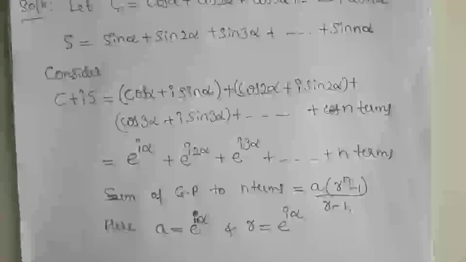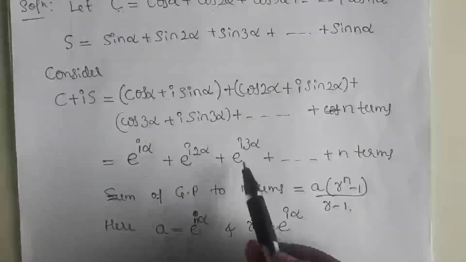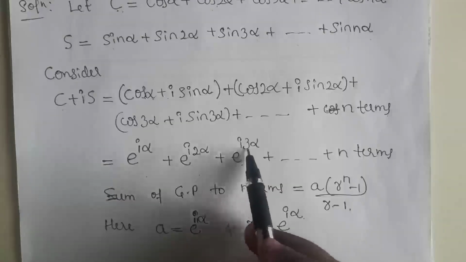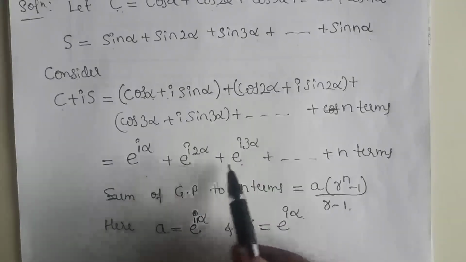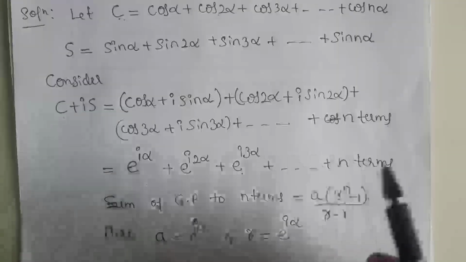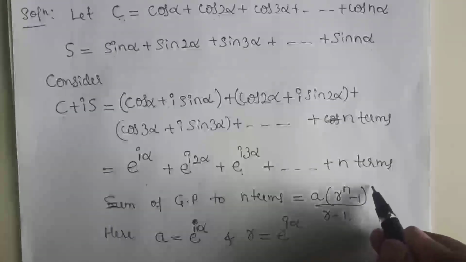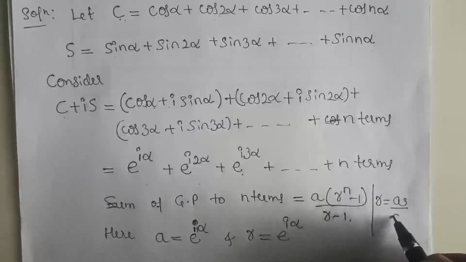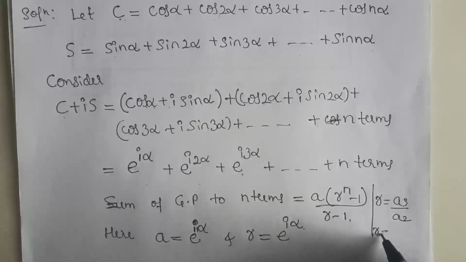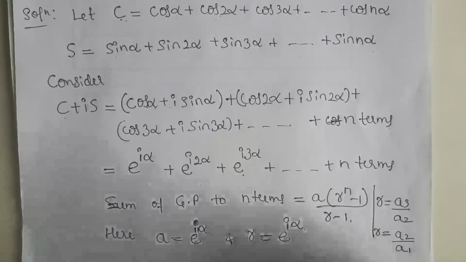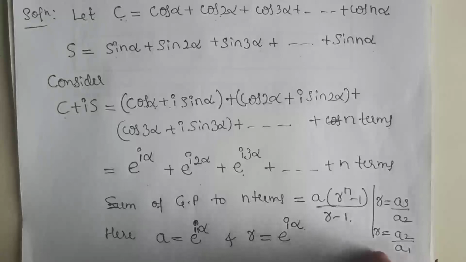If you are not getting it, divide the third term by the second term: e raised to i 3 alpha divided by e raised to i 2 alpha gives e raised to i alpha. So that will be the common ratio. For the common ratio, r equals the third term divided by the second term, or r equals the second term divided by the first term. So we get the r value.